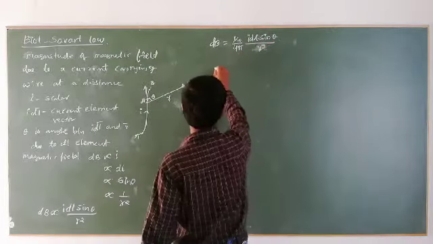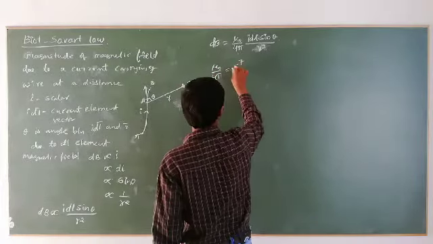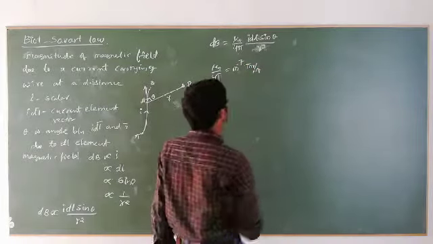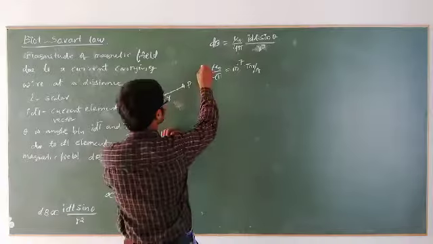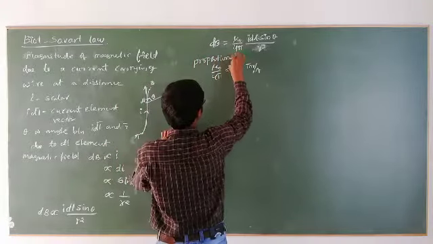Here mu naught by 4 pi is nothing but 10 to the power minus 7 Tesla meter per ampere, which is called the proportionality constant.